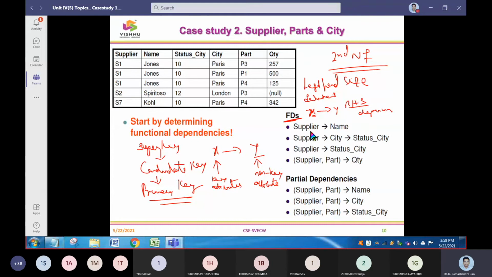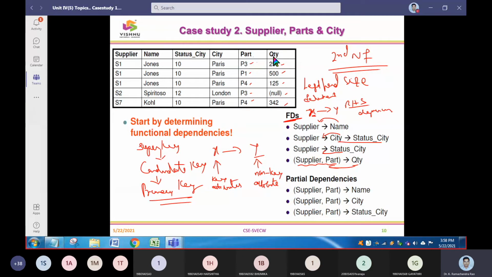So now you can see that name is totally dependent on the supplier. City and status are dependent on the supplier. And now you can see a relation: supplier and part both point to the quantity. Every part is going to have a name or a number, and how many parts are sold is mentioned.